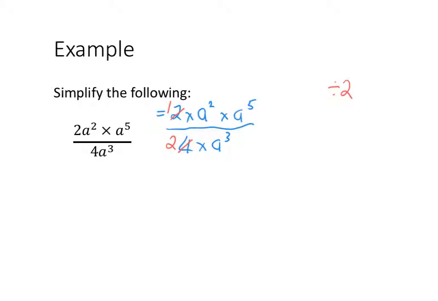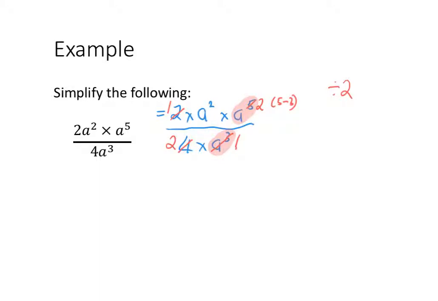Now I can apply the second index law to a to the power of 3 and a to the power of 5. So I can cancel out the a to the power of 3 down the bottom, and then that is going to become a to the power of 2, which is 5 minus 3.